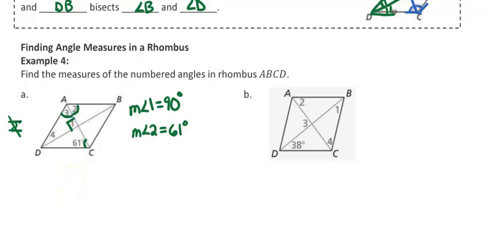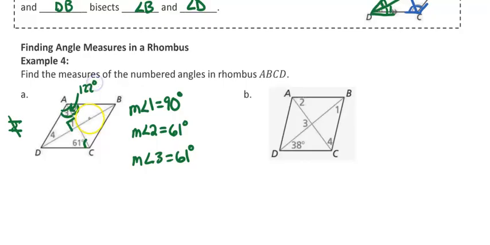The reason is the rhombus opposite angles theorem, which said that a diagonal bisects opposite angles. So it cuts angle A into two equal parts, which means angle 3 must also equal 61 degrees. So angle A all together is 122 degrees.